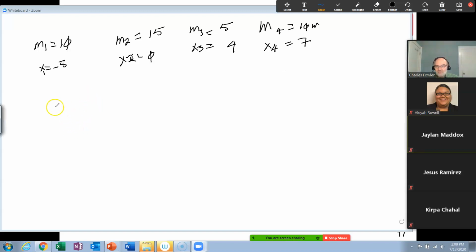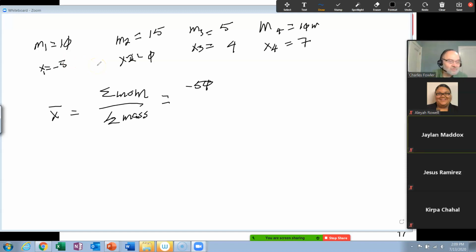Okay, so your x bar, that's what we're looking for, center of mass, is equal to your sum of the moments divided by the sum of the masses. Okay, now what are your moments? The first one, minus 50, right? 10 times minus 5.